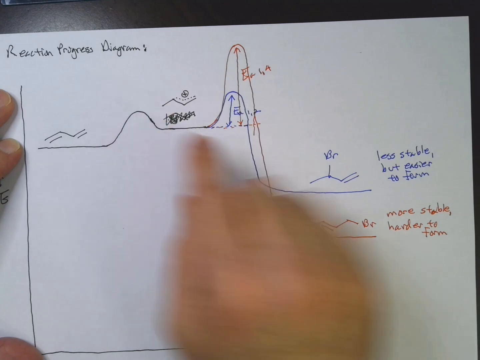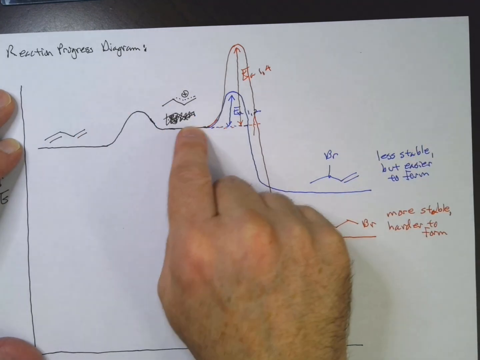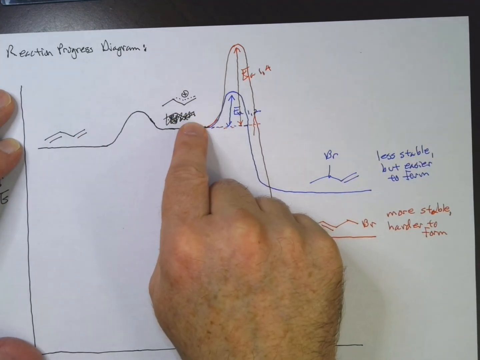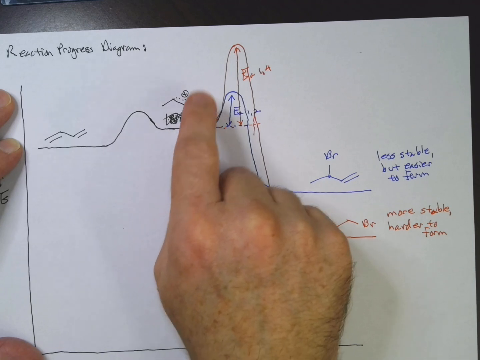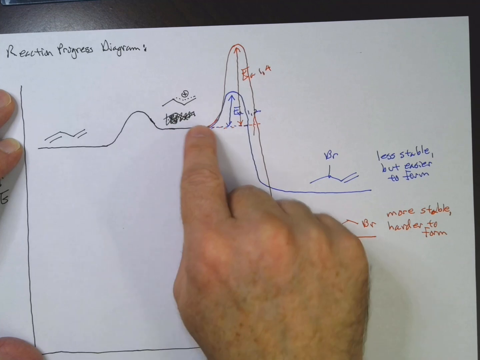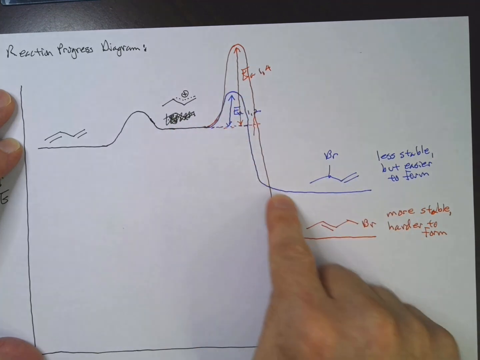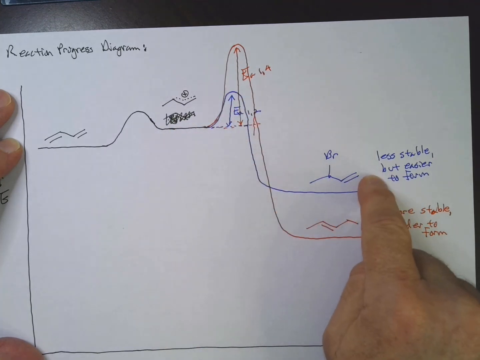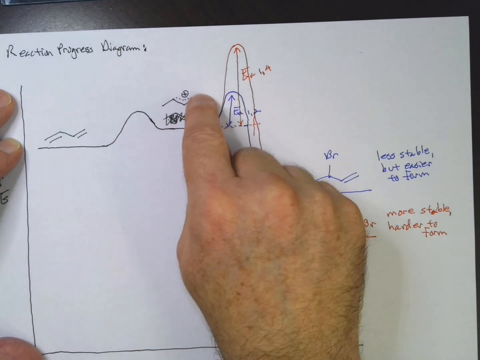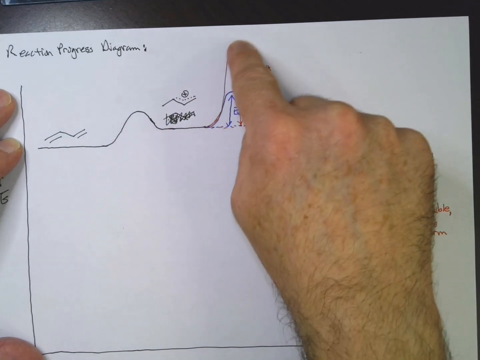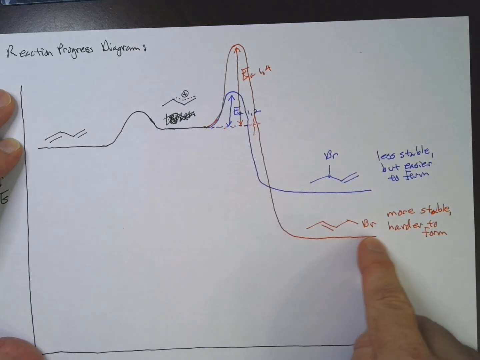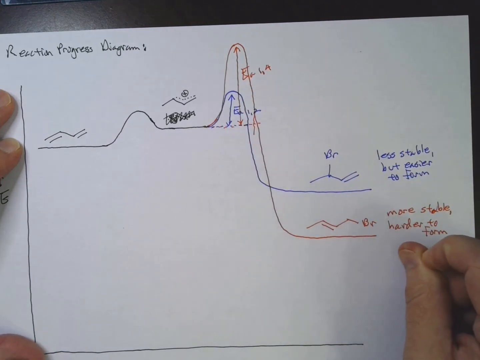The reaction pathway for both products is the same up through the intermediate. And then it's easier to add the bromine at carbon 2. That's our lower energy pathway, but it gives a higher energy product. Then adding the bromine at carbon 4 has a higher activation energy pathway, but gives us a more stable product.